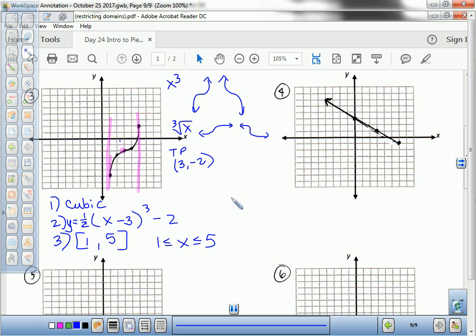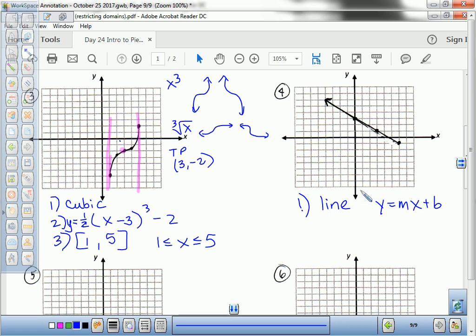All right, now number 4. We didn't study it this year, but you started studying it in like 8th grade. What is that, folks? Linear. It's a linear function. It's a line. This is a line. So this is a throwback function. And do you guys remember that the one form of a line is y equals mx plus b?